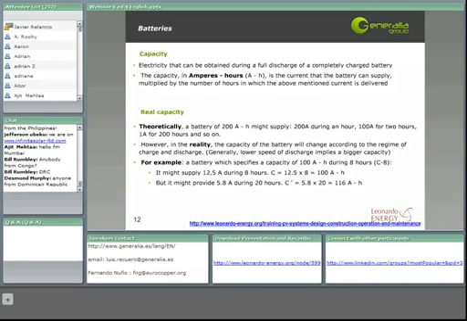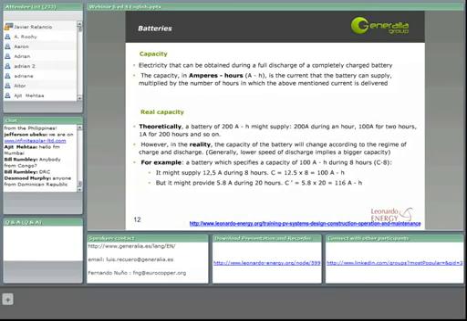Anyway, every time that we want to buy a battery, the specification sheet gives the number of hours for that capacity.